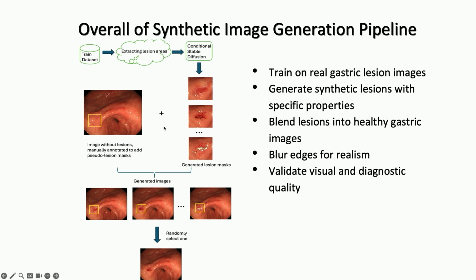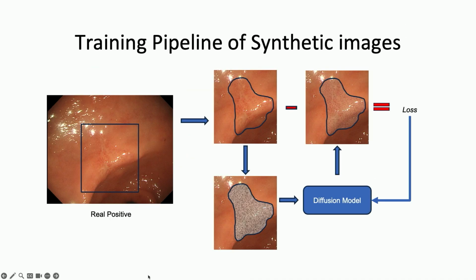Then when we use it, we use the diffusion model to generate only a patch of the image that contains cancer lesions, and then we patch it back to the original image. Then a synthetic image is generated.